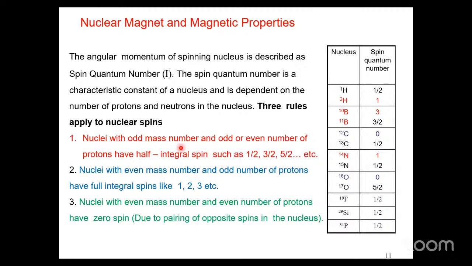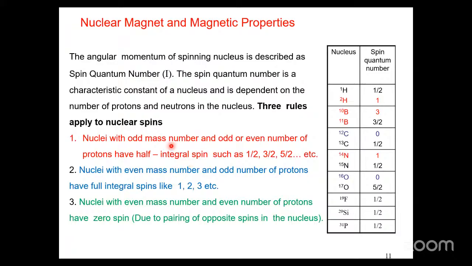You can easily get the number of protons from the atomic number, isn't it? And the mass number gives the number of protons and neutrons.